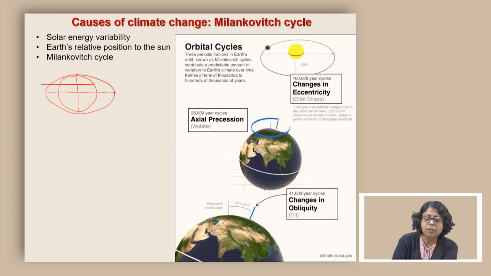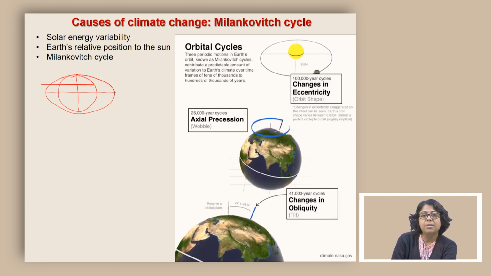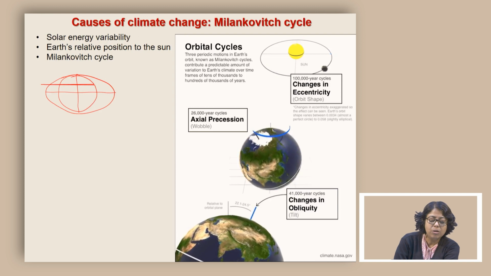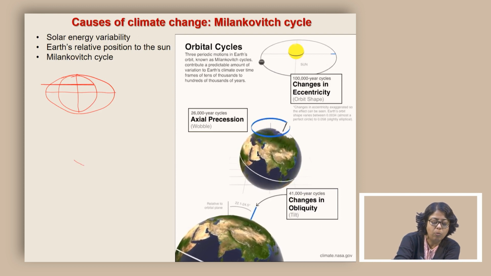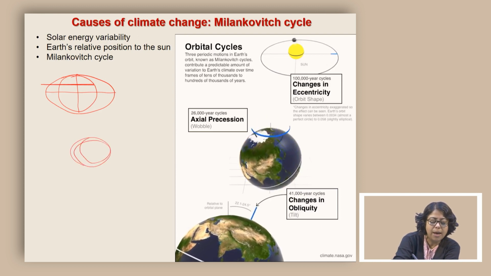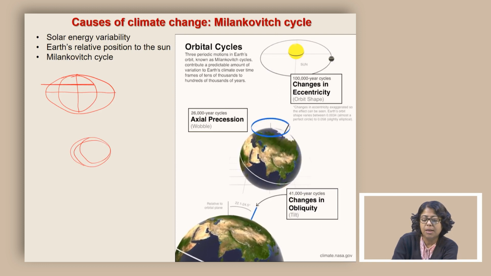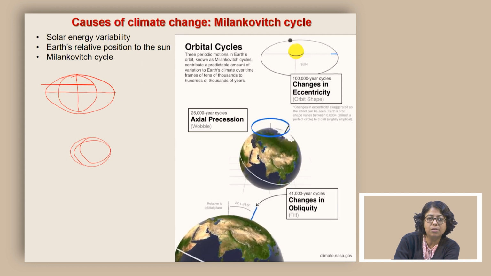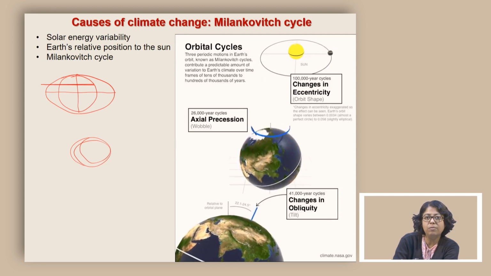The second one is called an axial precession. This is something like how a top wobbles when we let it move. Often the top wobbles like this, and this means that it is coming relatively closer to the Sun each of these times depending on exactly what position it is in.